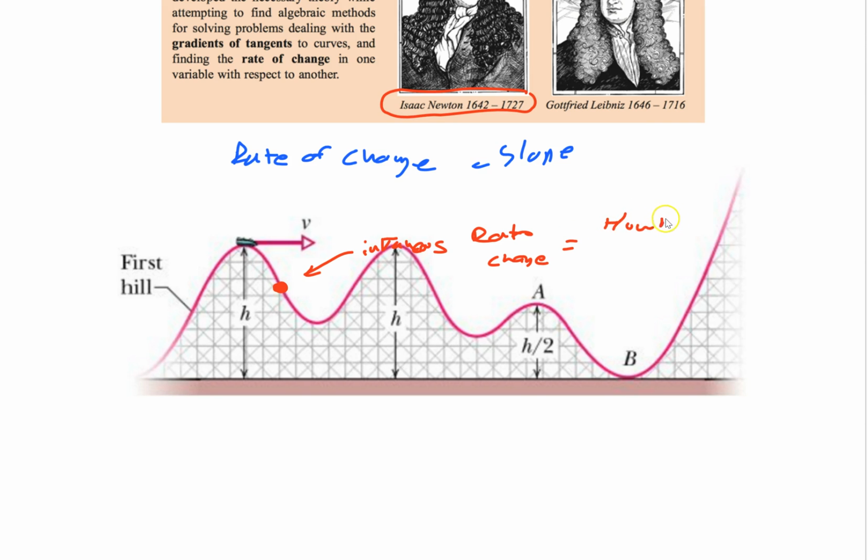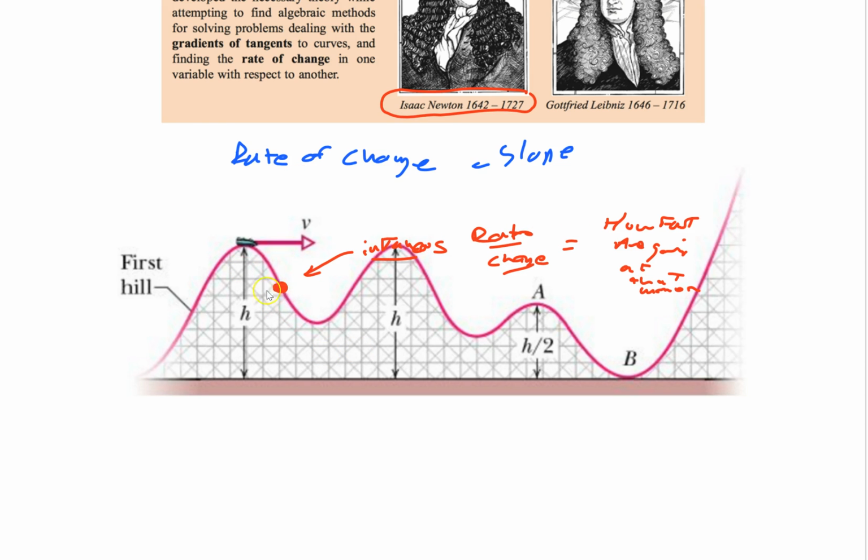How fast are you going at that moment? Where average rate of change tells you on average what the speed is. Like when you talk about a roller coaster, what's the average speed of the whole ride? That's the rate of change you can find. Super simple, just find the slope. Instantaneous rate of change tells you what's the speed at that exact moment. Like the max speed of this ride is something.